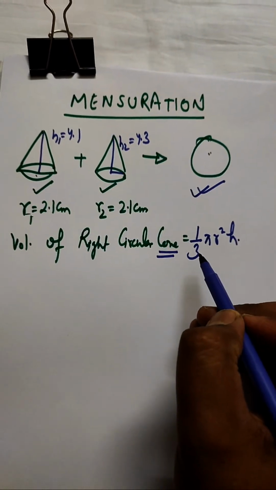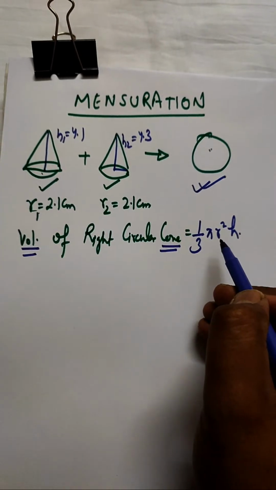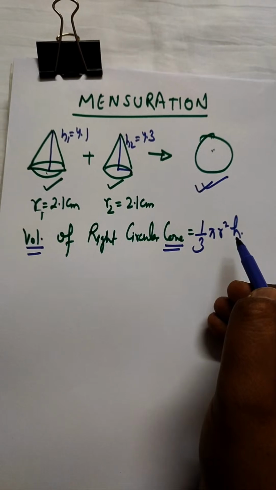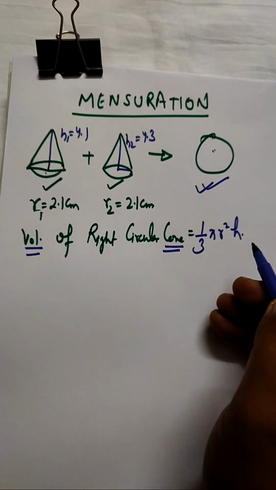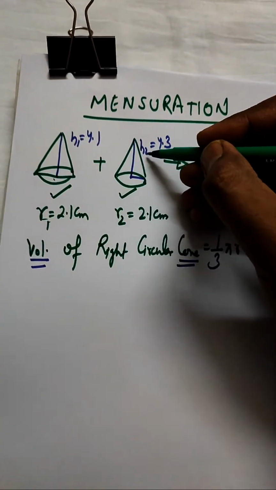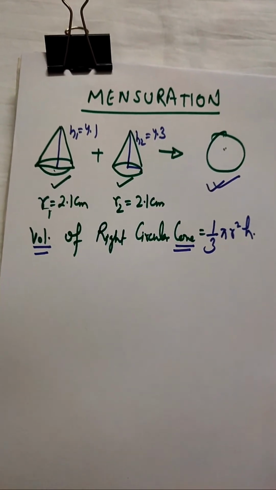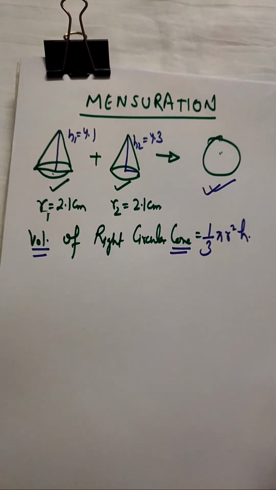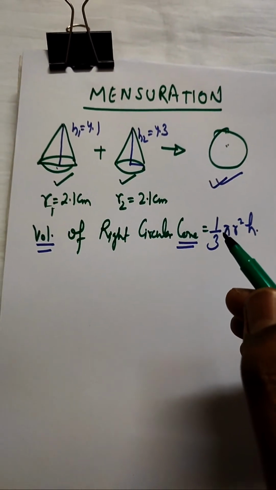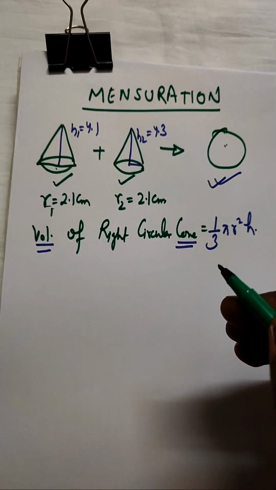Since in the formula the volume of the cone is directly proportional to the radius square and the height, and the heights are h1 and h2, which are different, the volumes of both these cones will be different. Let us calculate.